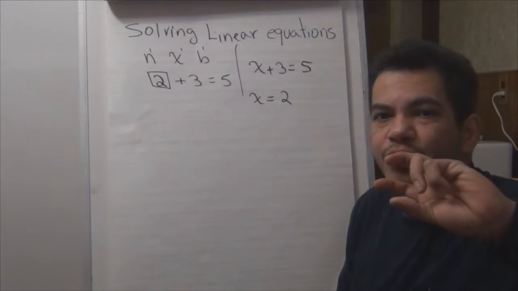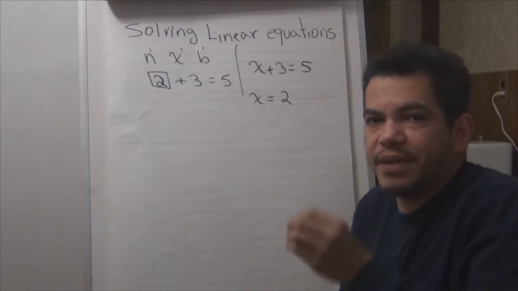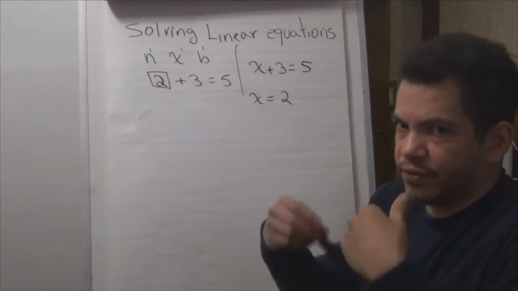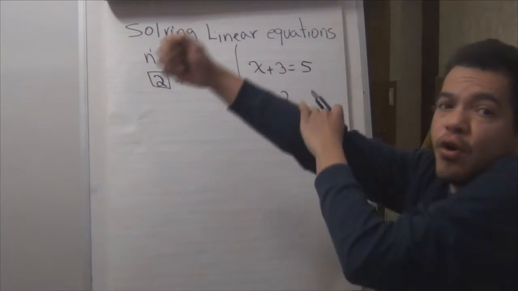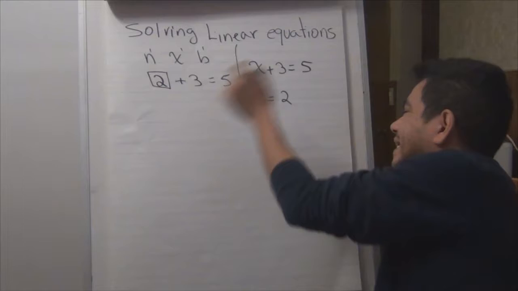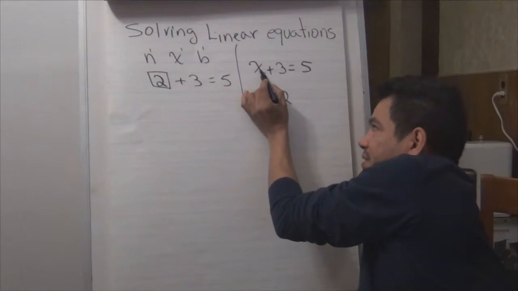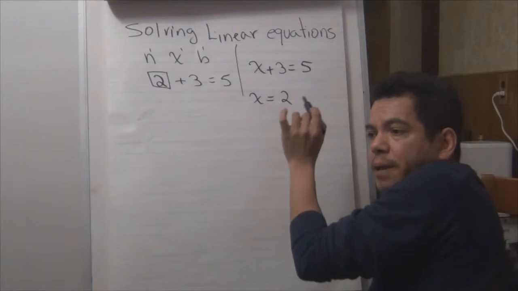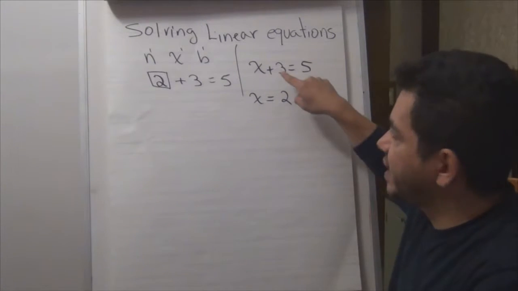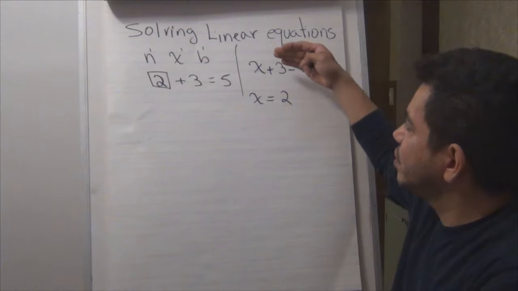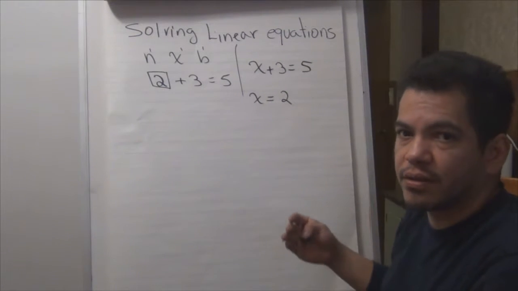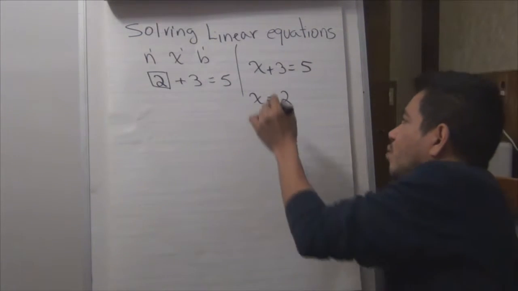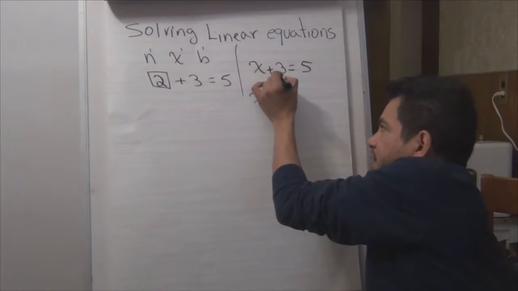In other words, you have to undo what has been done, always to the variable. For example, please pay attention. The value of x is being increased by 3. Okay? So because the value is being increased by 3, now we have to use the opposite operation or the inverse operation. We are going to subtract 3.